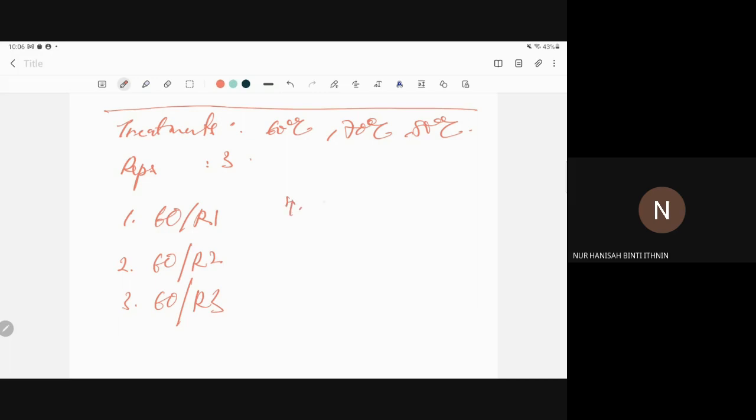Then you will have 70 rep 1, 70 rep 2, 70 rep 3.